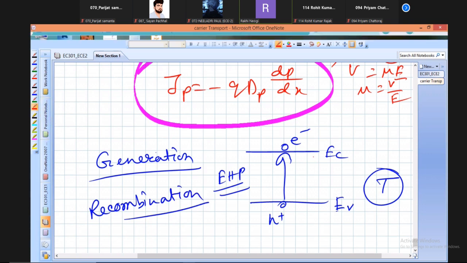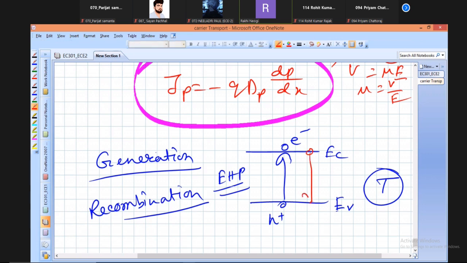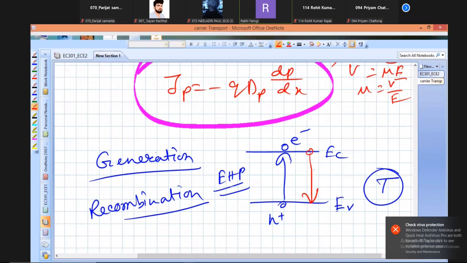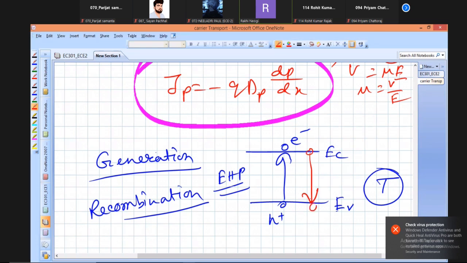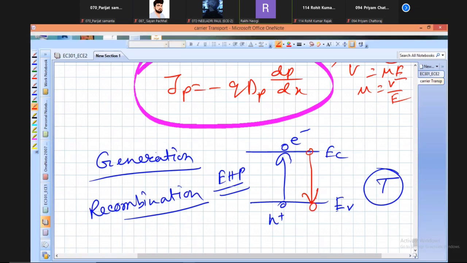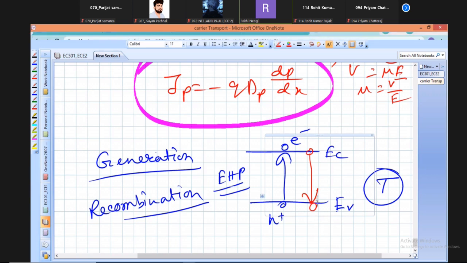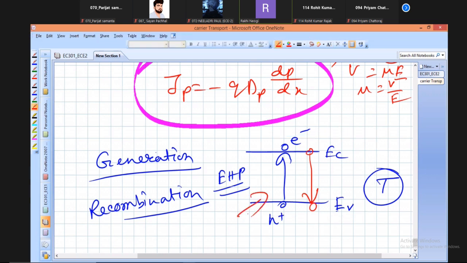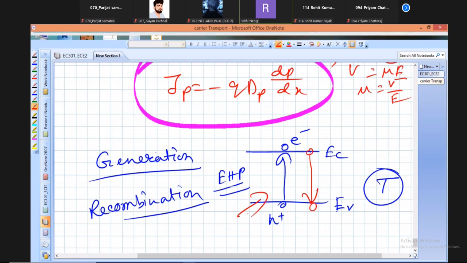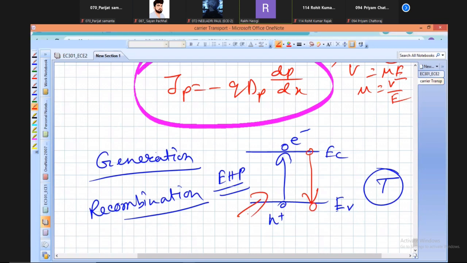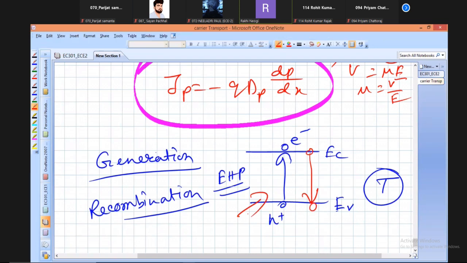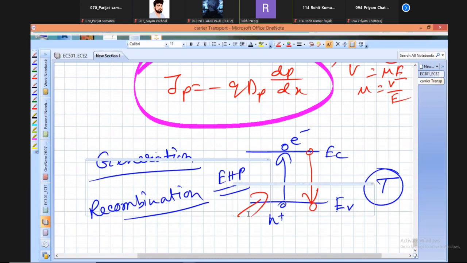Whenever recombination occurs, excited electrons in the conduction band make a transition to the valence band. Whenever they do so, electrons combine with holes. What is the meaning of that? That means the bond is formed again. Previously, due to the breakup of covalent bonds, electrons and holes were created in the conduction as well as valence band. Now, whenever electrons from the excited state, that means from the conduction band minimum, make a transition to the valence band maximum, electrons and holes recombine.